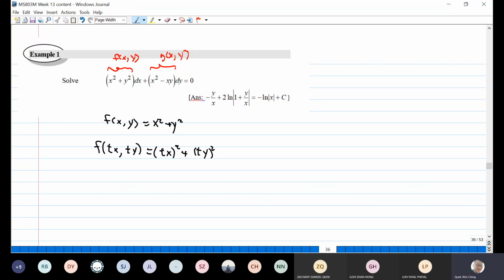Now t squared is common, so t squared times x squared plus y squared. But x squared plus y squared is your f of x y. So this is actually t squared f of x y.